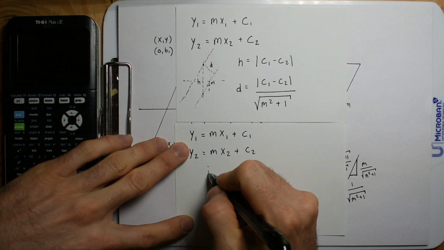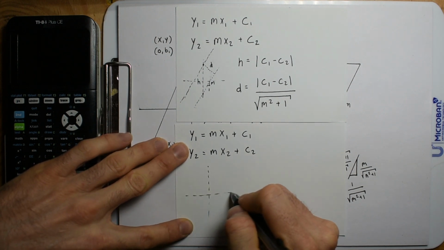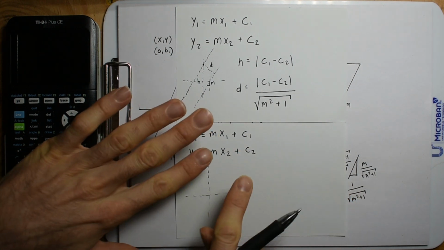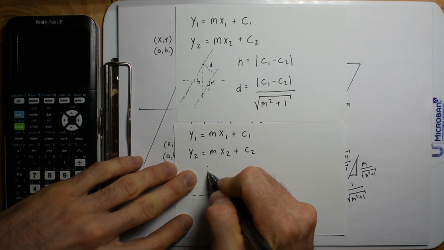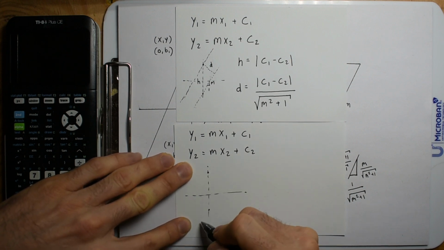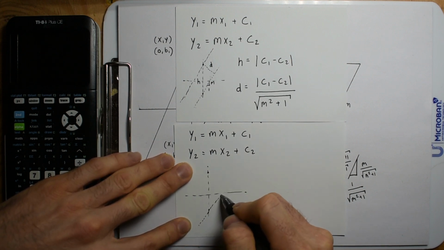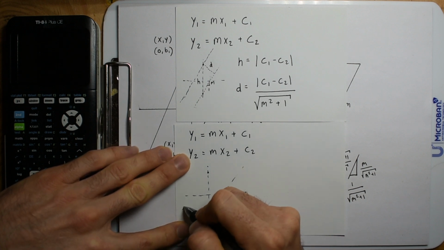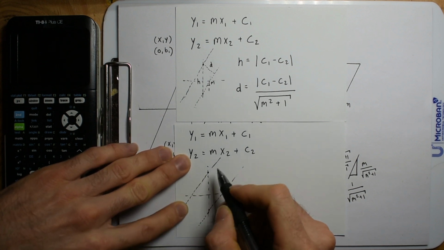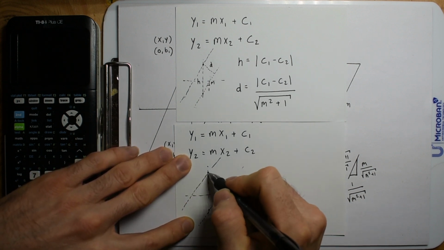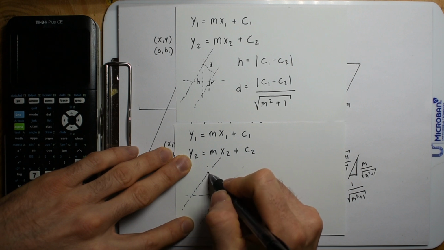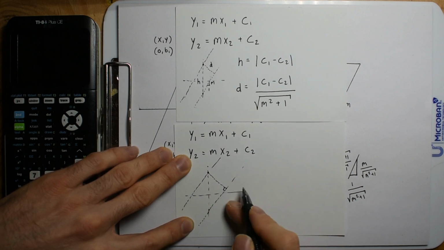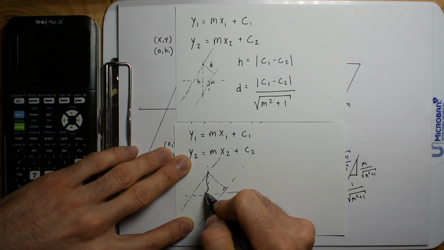Okay, now let's draw a quick sketch. These two parallel lines are going to hit the y-axis at two different places, obviously, because we're trying to find the distance between them. The distance is going to be a perpendicular distance, so we have a right triangle, and we have a hypotenuse here.